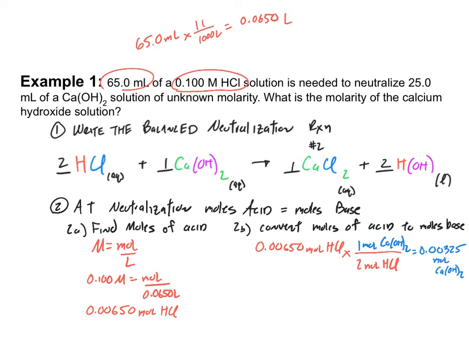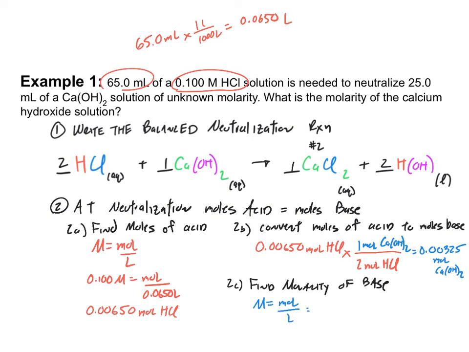So the next step, which would be, say, 2c, is I'm going to find the molarity of the base. So I'm going to use the molarity formula, which is molarity equal to moles over liters.